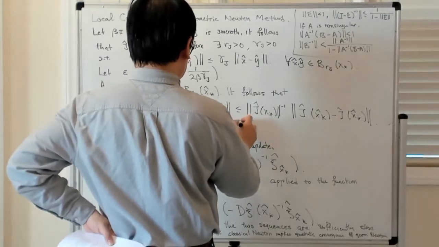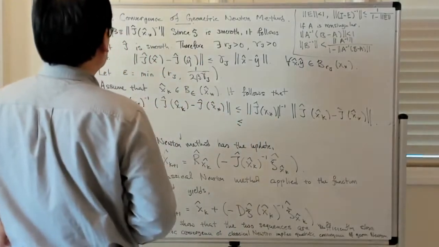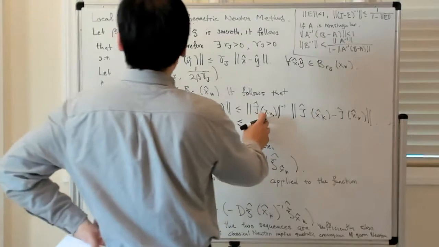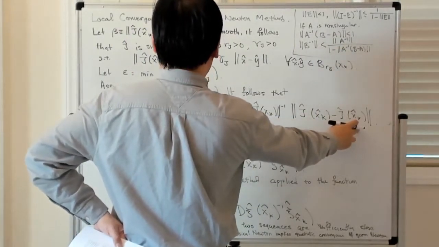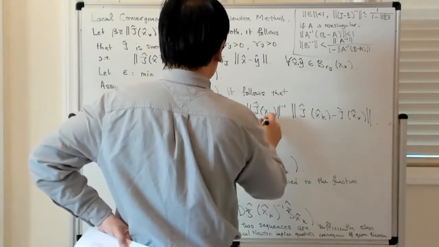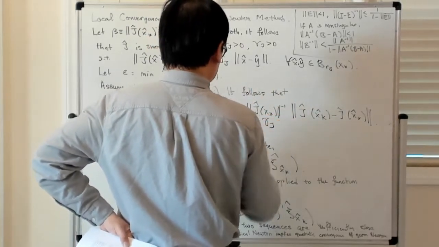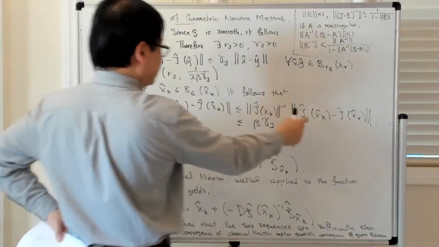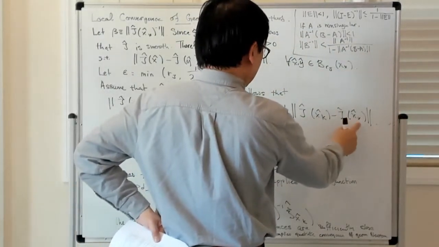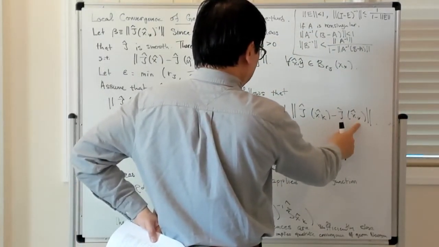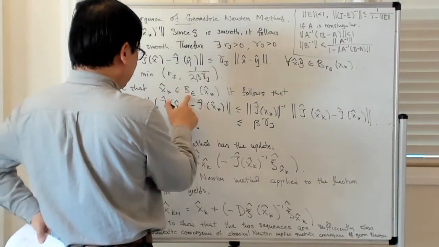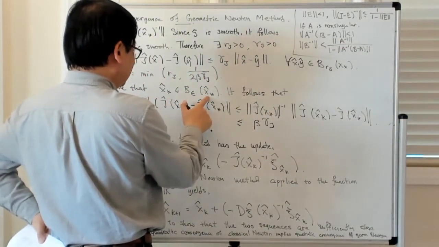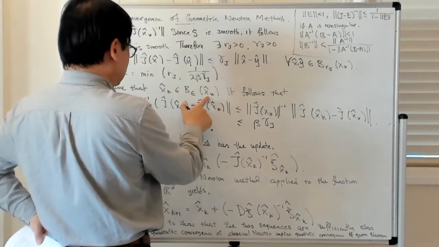So this is less than or equal to, this is beta, and then this thing is less than or equal to gamma J times the distance between x_k hat and x star hat, but x_k hat is in the ball of radius epsilon about x star hat.